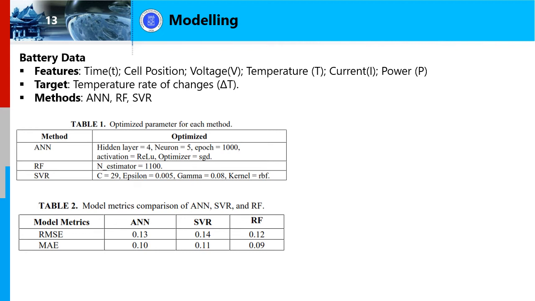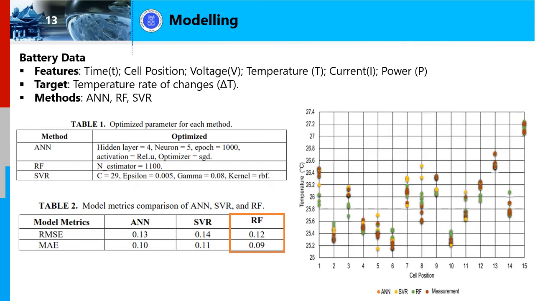As we can see, the values are close between ANN, SVR, and RF. So we plot the result, although the RF seems to be more accurate than the other two.